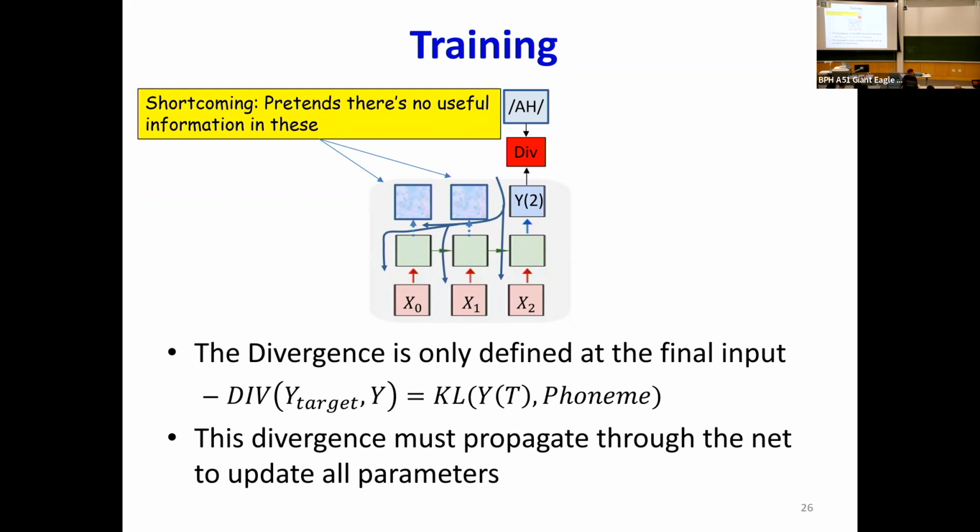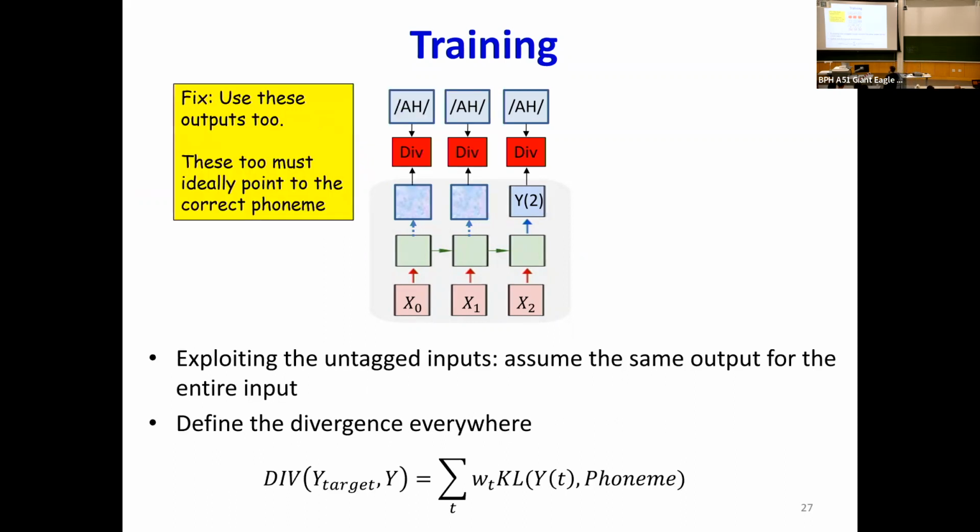For me to pretend that all of these outputs had no relevance doesn't make sense. I'm throwing away useful information. So what would make sense for me to do would be to just replicate my target output at each time, and then use the derivatives from all of these time instants.